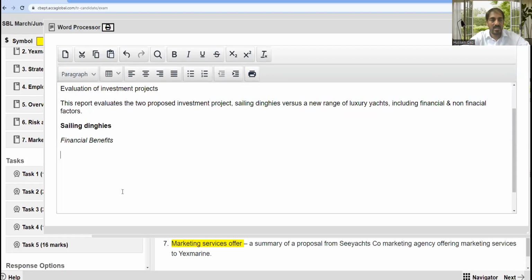For financial plus, you start. Very clear. The project has a positive NPV of $5.5 million, indicating the project will increase the value of Yix Marine, or you can mention the company as well.